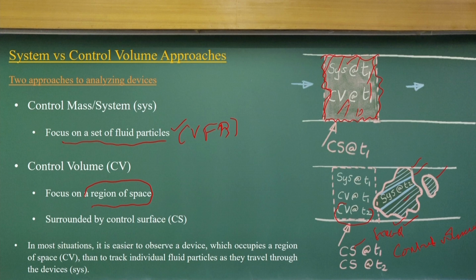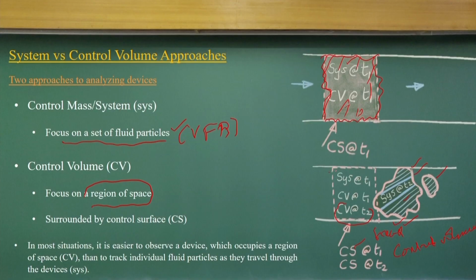So the system is dynamic. After t2, they will be in a different space, they may disintegrate, they may have a different location. But the control volume, if it is fixed, remains at that space.